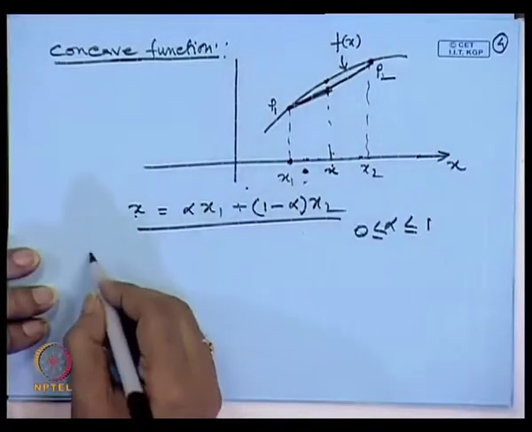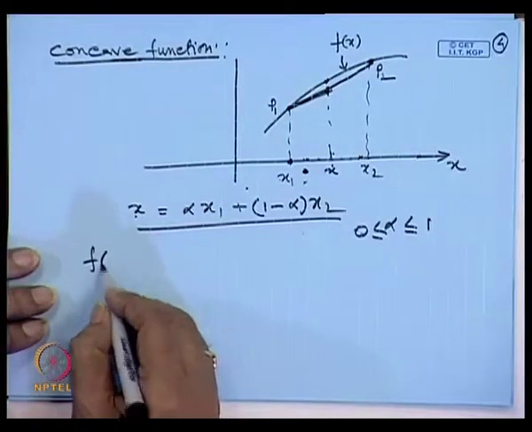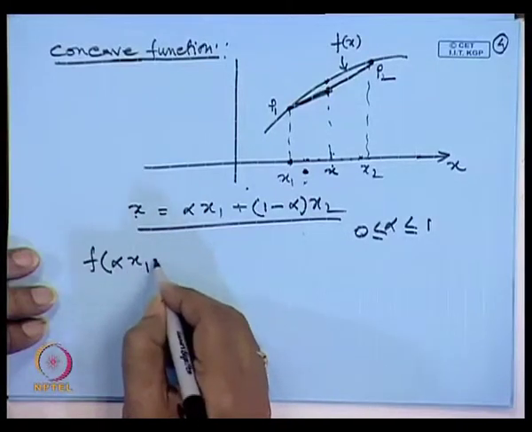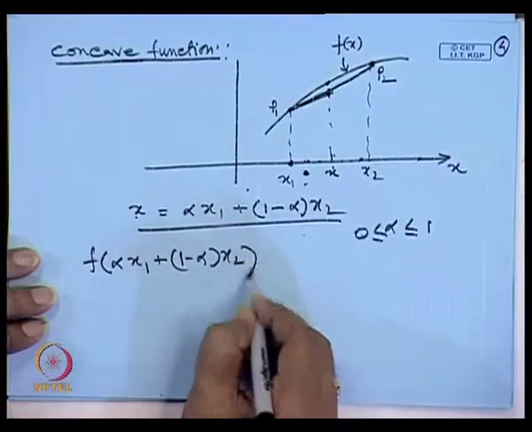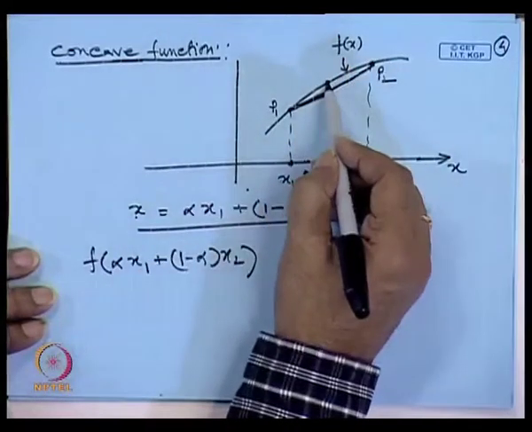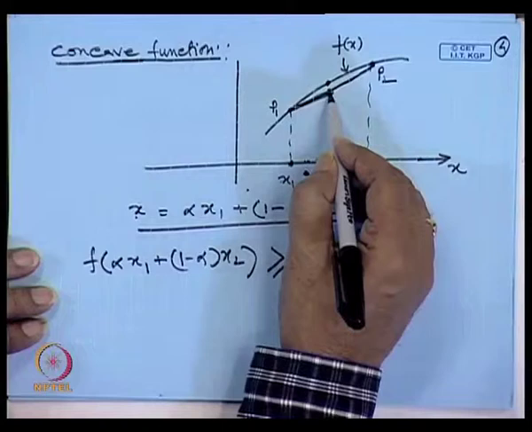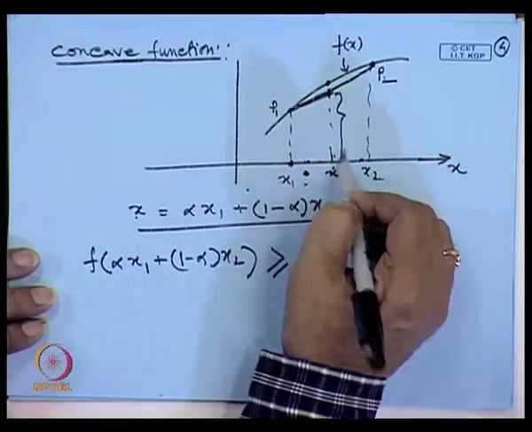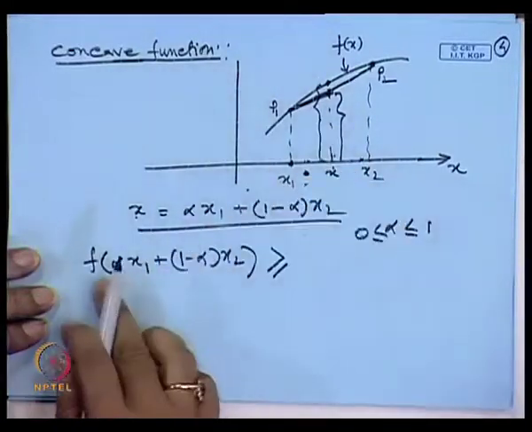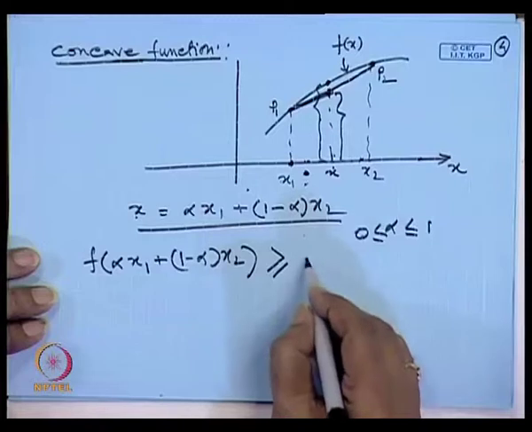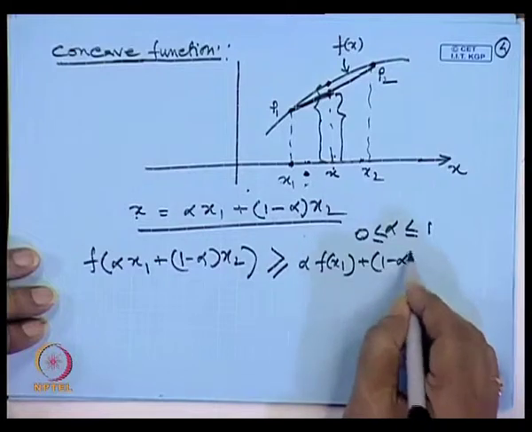So, one can write for a function in a convex set, f of alpha into x1 plus 1 minus alpha into x2 is greater than or equal to alpha into f of x1 plus 1 minus alpha into f of x2.